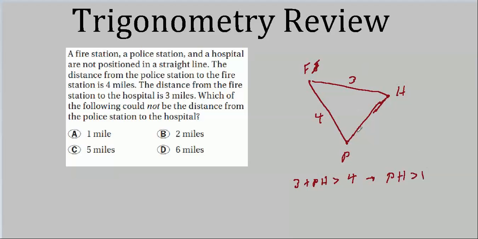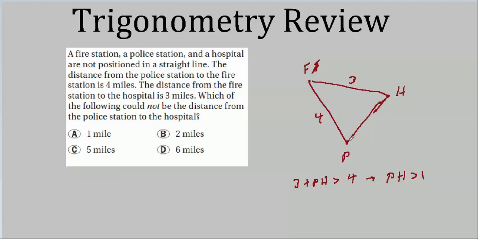Well, looks like we're about done, doesn't it? pH has to be greater than 1. What happens over here if pH actually equals 1? Then the sum of these two sides equals this side. Well, that can't happen because the straight line is the shortest distance from F to P. We're going from F to P in this very indirect route, and if this indirect route adds up to 4, the same as this direct route does, well, that just can't happen.